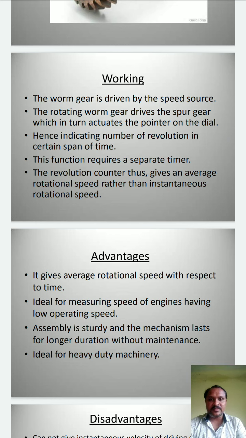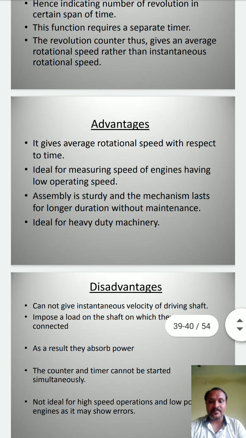Because the assembly is very simple and we have a very minimum number of parts, that's why the maintenance will be very less and it will work for a longer time. Ideal for heavy duty machineries. So it can be used for very heavy machinery equipment also.